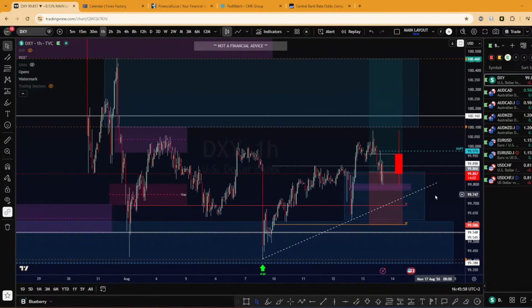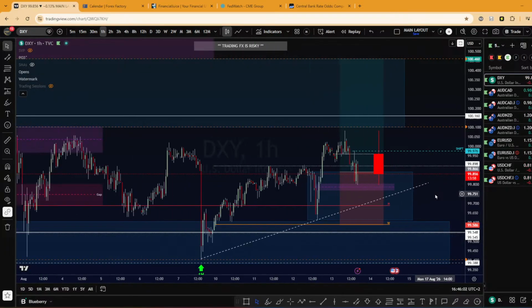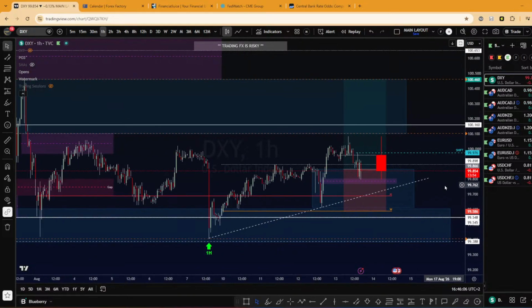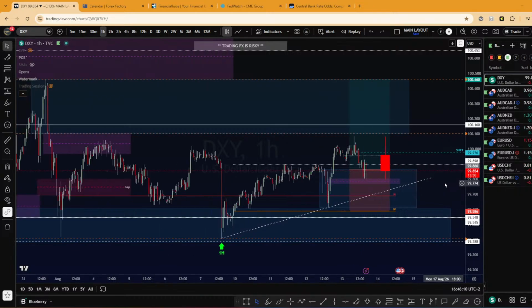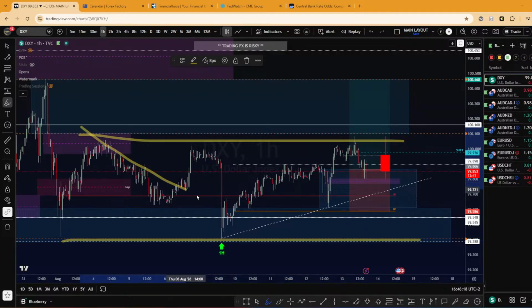So yeah, the dollar doesn't look like it wants to drop. It's ranging pretty much, but ranging at a discount price. So when we are in discount, we want to go to premium.